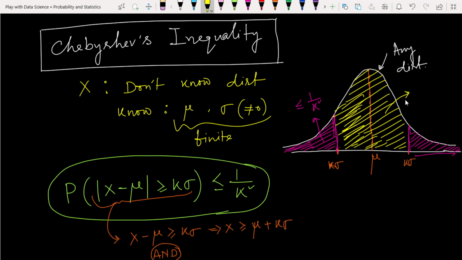That means the yellow area must be greater than or equal to 1 minus 1 over k square. The total region is 1, so this region must be greater than or equal to 1 minus 1 over k square.